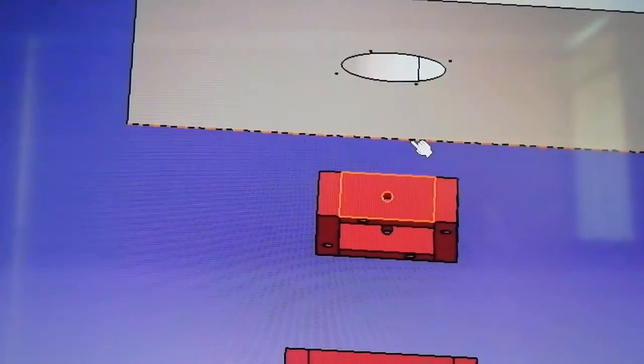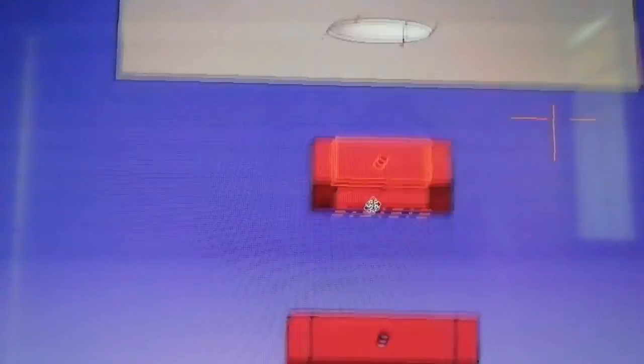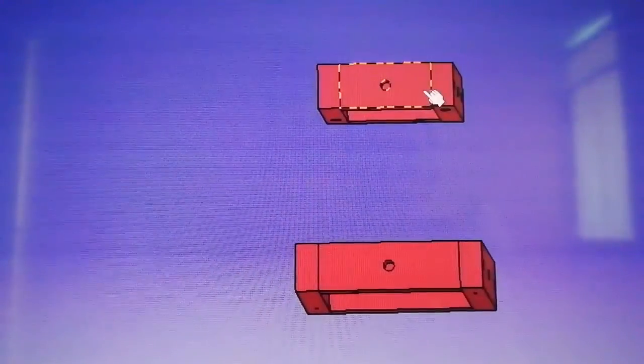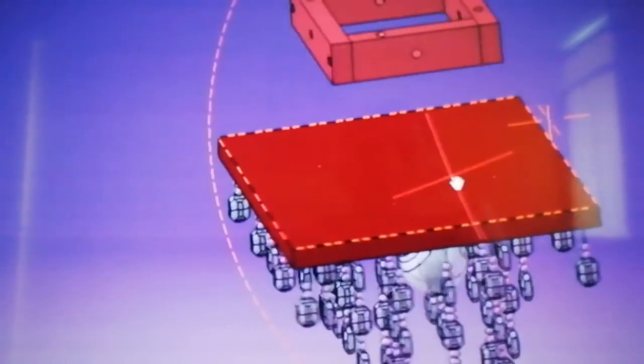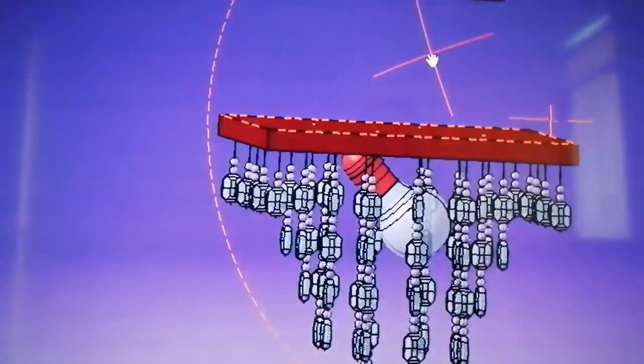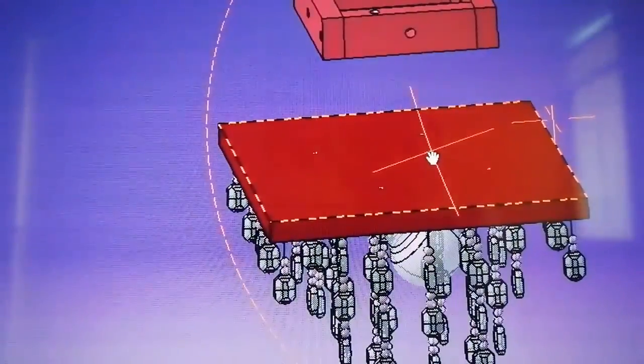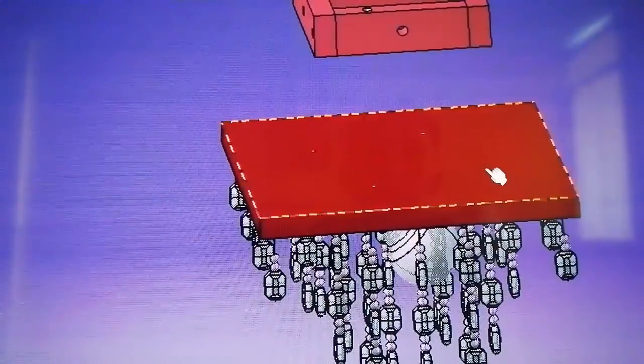So this piece basically is going to be attached to the ceiling, and in order to join this piece with the chandelier, I used this second wooden piece. This piece is going to be attached also through these holes. It is going to be screwed over the back part of the chandelier, and also through these holes.